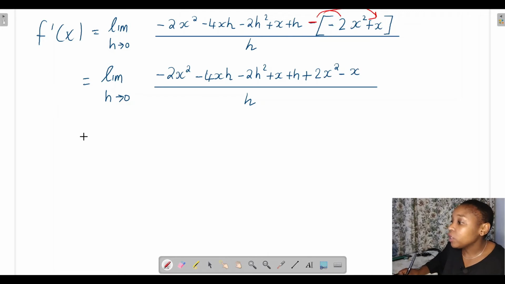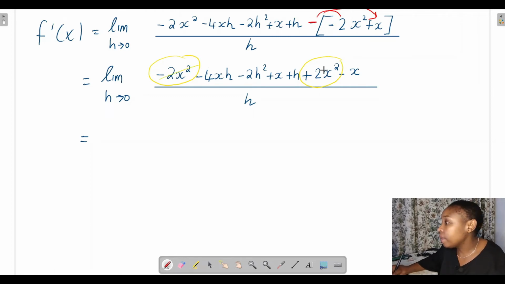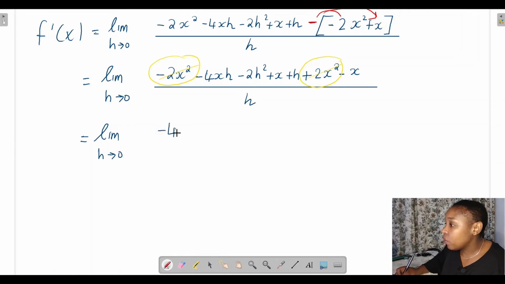All right. Okay. And then, guys, we're going to add all our like terms. So we're going to look for all our like terms. We see that we've got minus 2x squared, positive 2x squared. So that is 0. Then you've got minus 4xh, right? Is there another xh somewhere there? There isn't. So it's just going to be the limit as h approaches 0 of minus 4xh. Right, so we've sorted that out. Then you've got minus 2h squared.